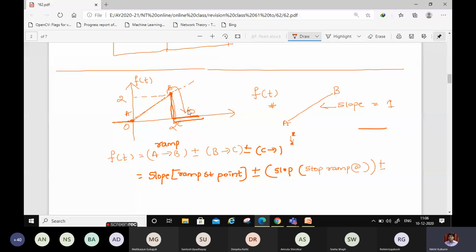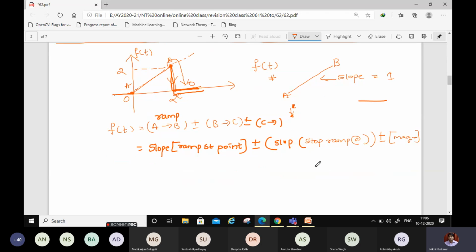Then plus or minus, the step function: you have to write magnitude followed by its starting point. Here we have slope 1, where the ramp is starting at point 0, so you write r of t. Then to stop that ramp which is continuing, you have to stop at point B.